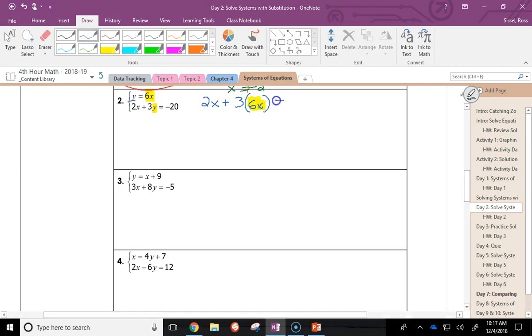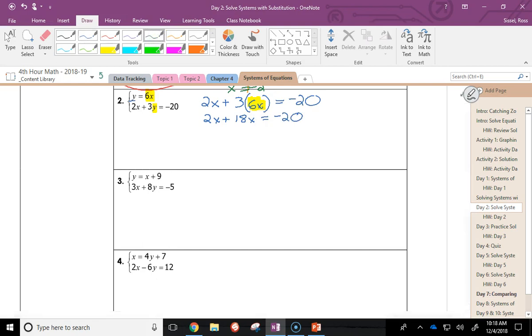And I finished my equation. Equals negative 20. Let's solve. I still have 2x, positive number, so plus 3 times 6x, which is 18x, equals negative 20.